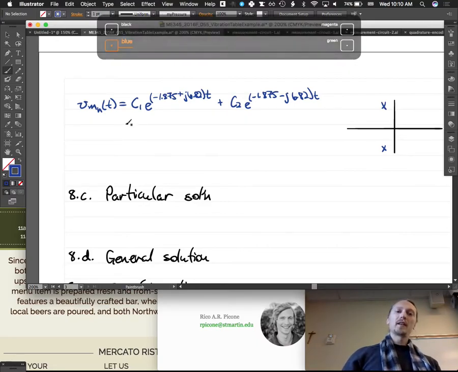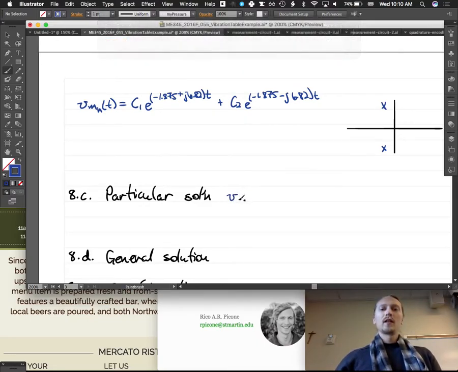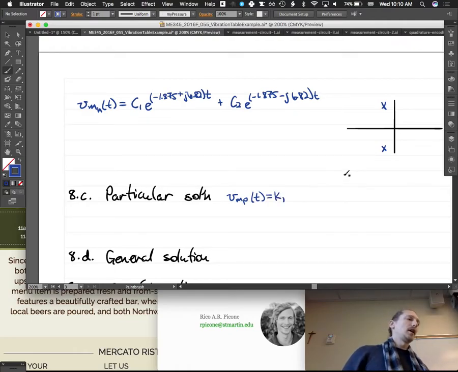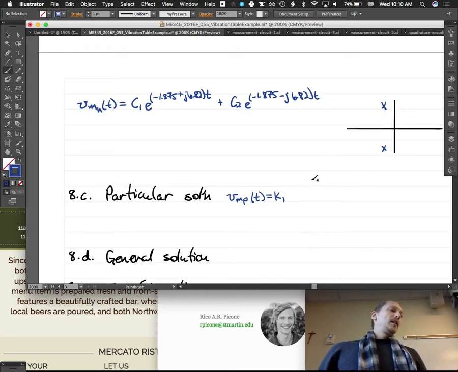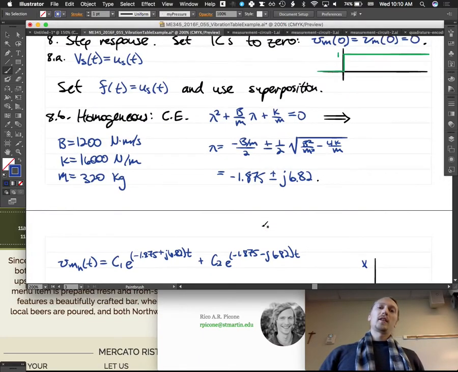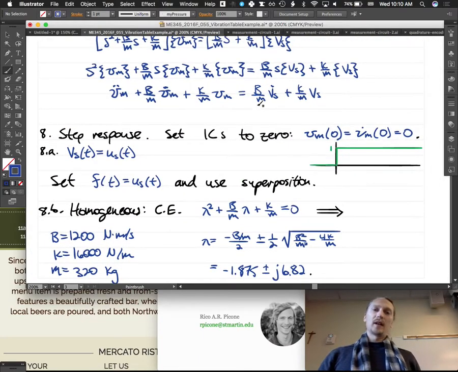So the particular solution, Vm p, is going to be of the form K1, a constant. Okay, so we can find out what K1 is going to be by plugging this into our initial differential equation, which is this, right?